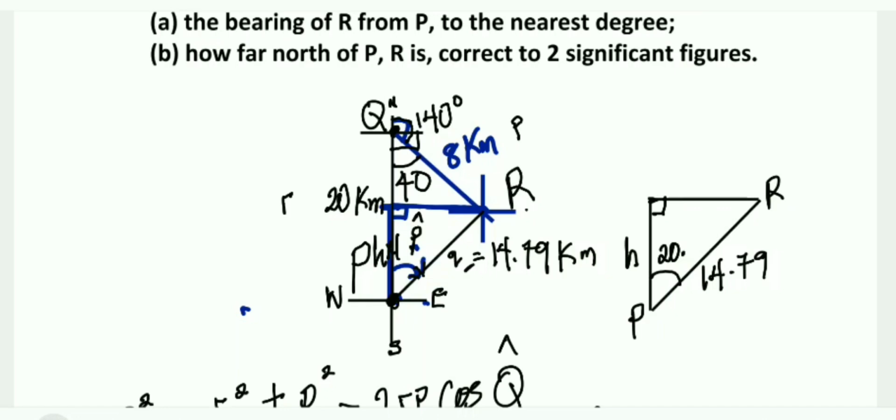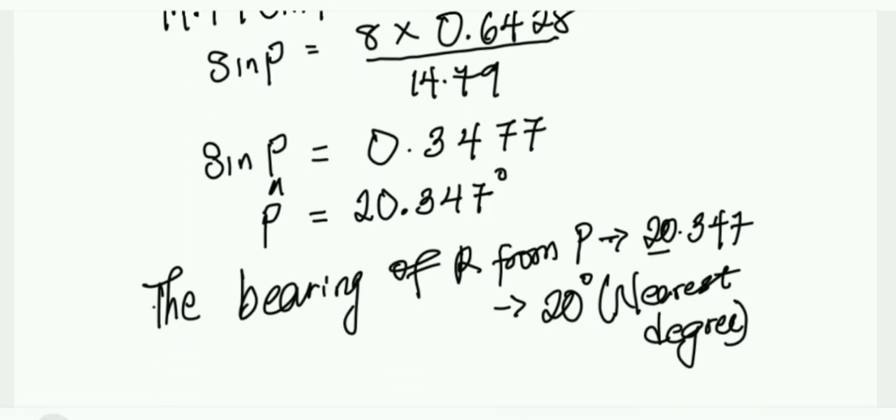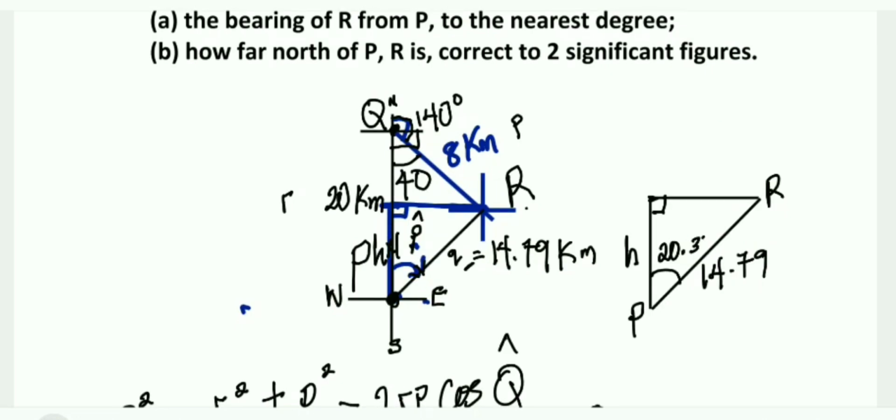So how do I find the value of H? The angle is 20.347. This is my opposite, this is the hypotenuse, and H is the adjacent. I have the value of the hypotenuse and I'm interested in the adjacent, so I'm going to use cos.